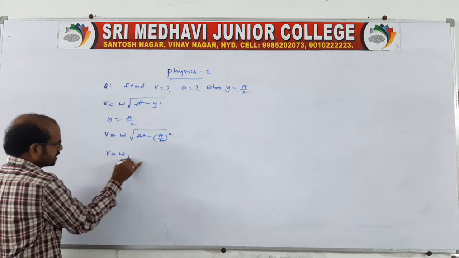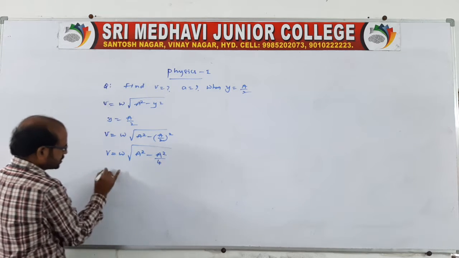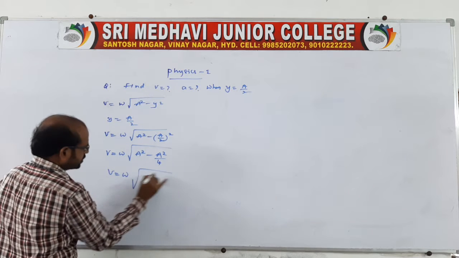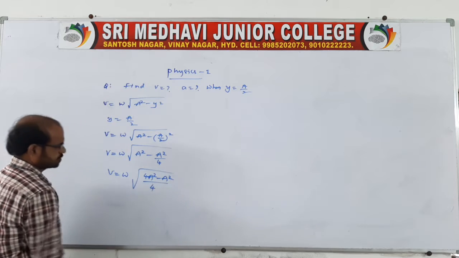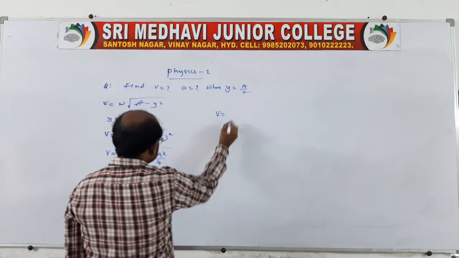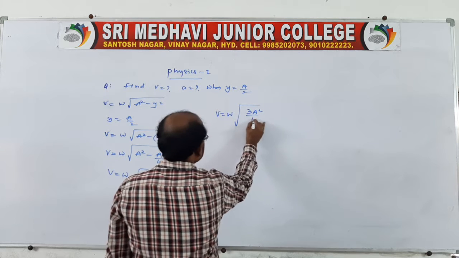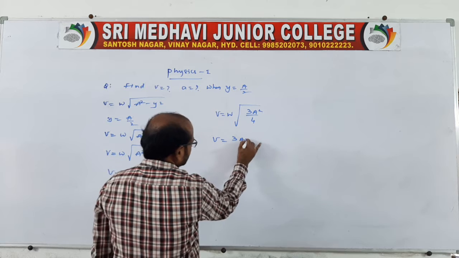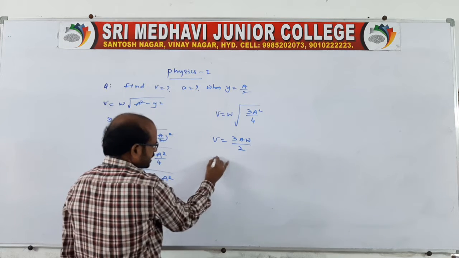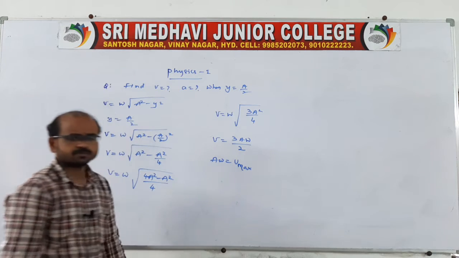So it is omega into root over A square minus A square by 4, which is omega into root over 4A square minus A square by 4. So here v is equal to omega into root over 3A square by 4, so you can say root 3 A omega by 2.